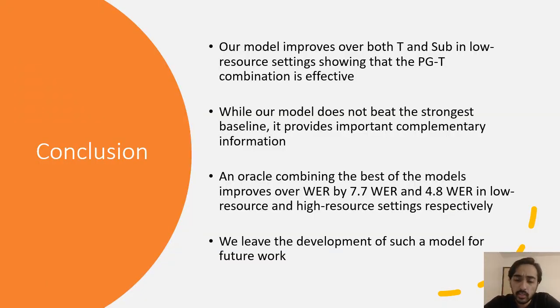The final takeaways of our paper are the following. First, we validate the effectiveness of our combination PGT by showing that it improves over both T and sub in a low resource setting.